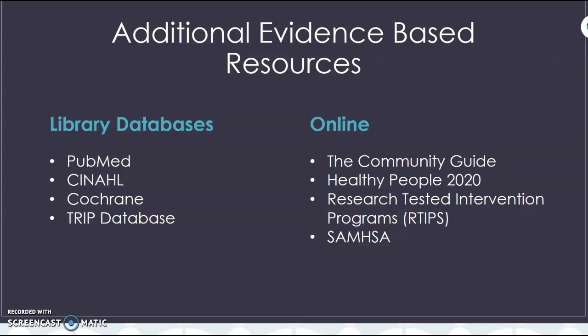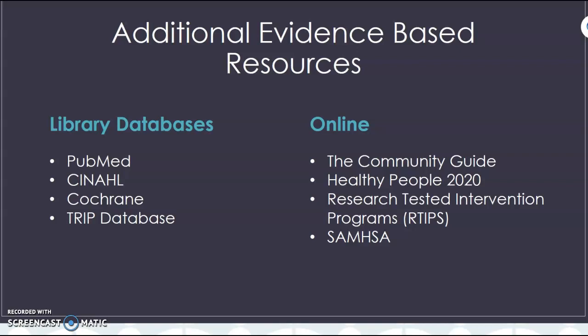On the online column to the right, these are free online resources. So you could Google these if you wanted to. They're credible, they have interventions, they may be helpful for you, especially for the third part of your assignment where you need to find an intervention. The Community Guide and Healthy People 2020 would be what I would recommend first.